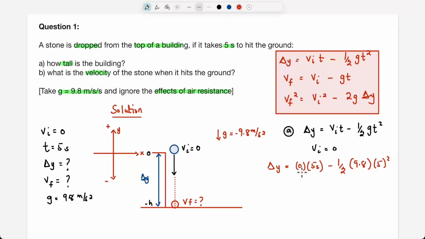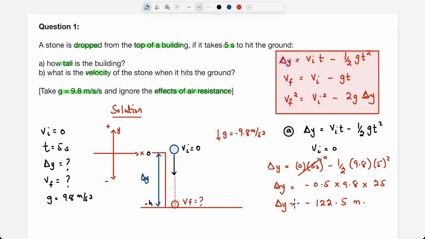So this goes to 0. Therefore, we are left with delta y is equal to minus 0.5 times 9.8 times 5 squared, which is 25. If we do this in the calculator, we are going to have delta y equal to negative 122.5 meters.